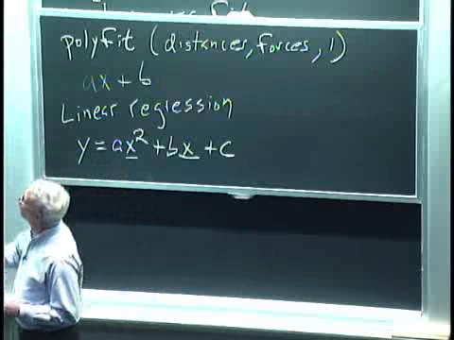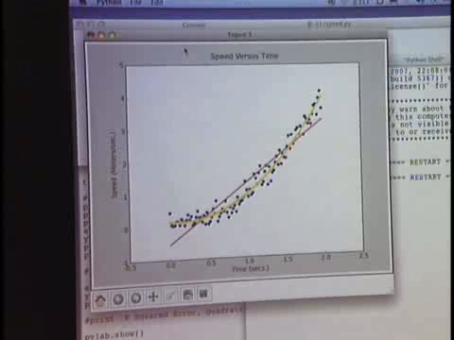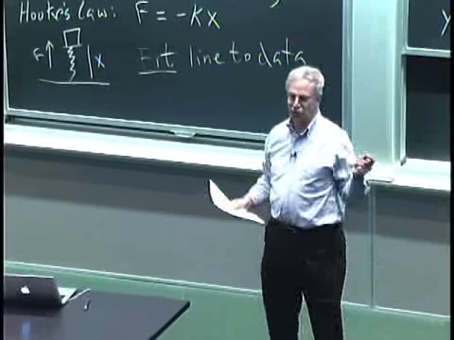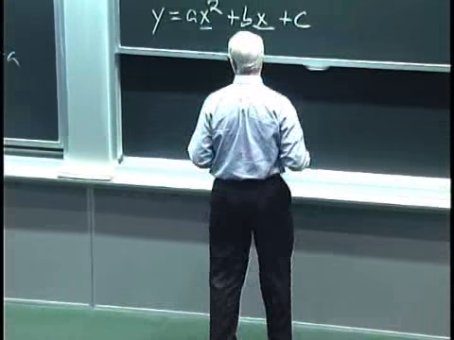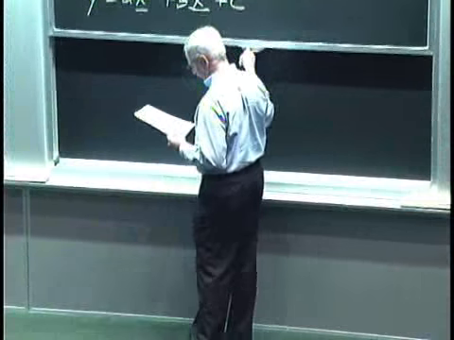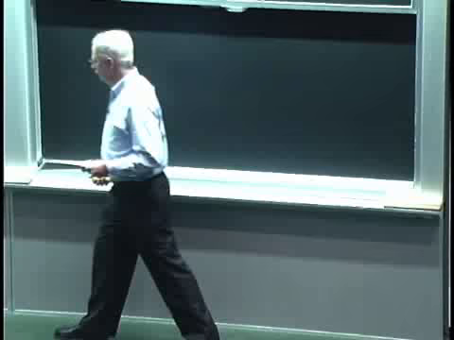Now, when I looked at this, I said, all right, it's clear that the yellow curve is a better fit than the red. It's a red line. But that was a pretty informal statement. I can actually look at this much more formally.